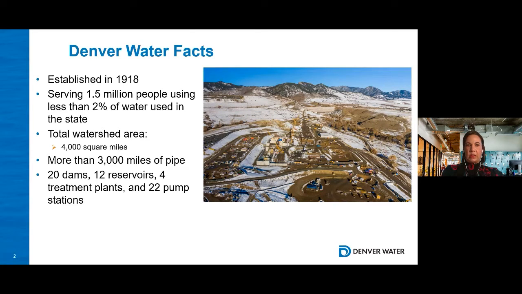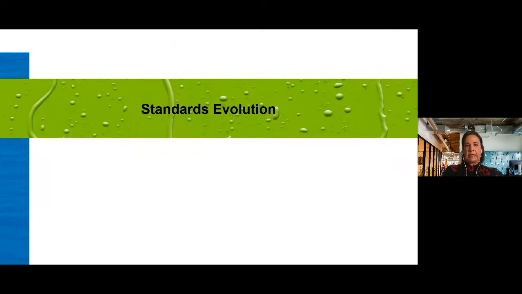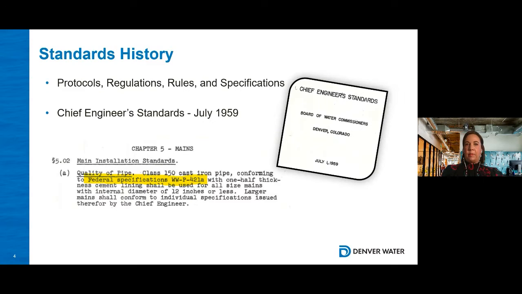As an institution, Denver Water has a really strong history of relying on SDOs. The first known publication of us referencing industry standards comes from the Chief Engineer Standards, which was published in 1959. As an organization, we were formalized in 1918.